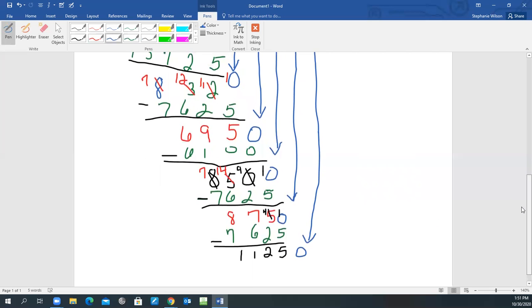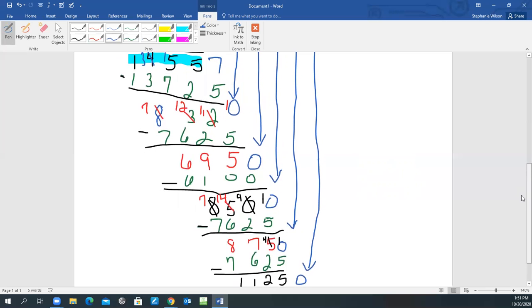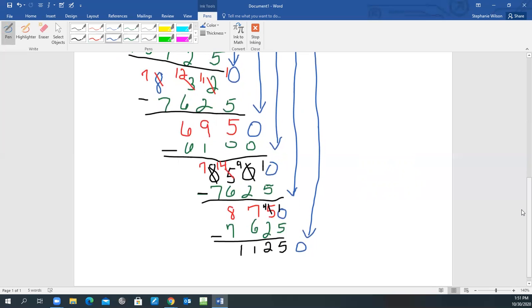So we got 1125, and we're trying to see how many times we need to take that 1525 to. So 1125, 0, let's think about this. If I was to say 5 times, that gave us the 7625. Let's try 7.